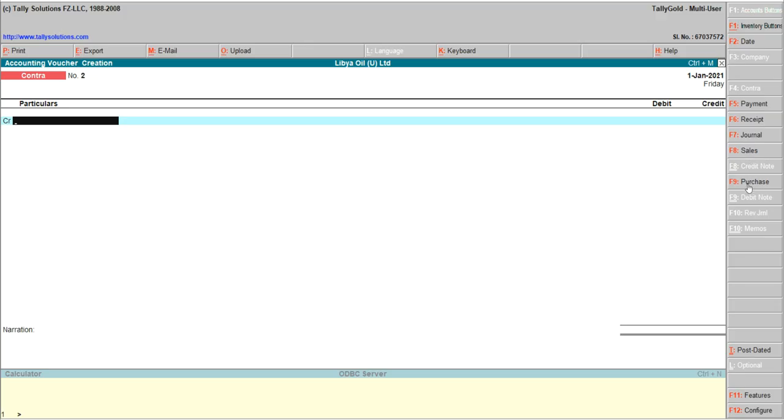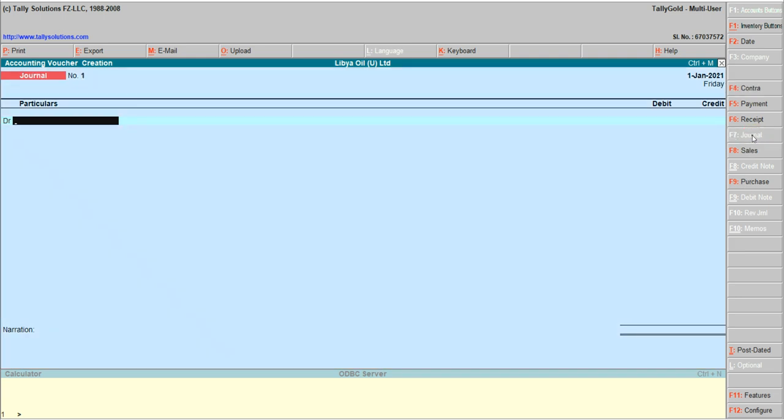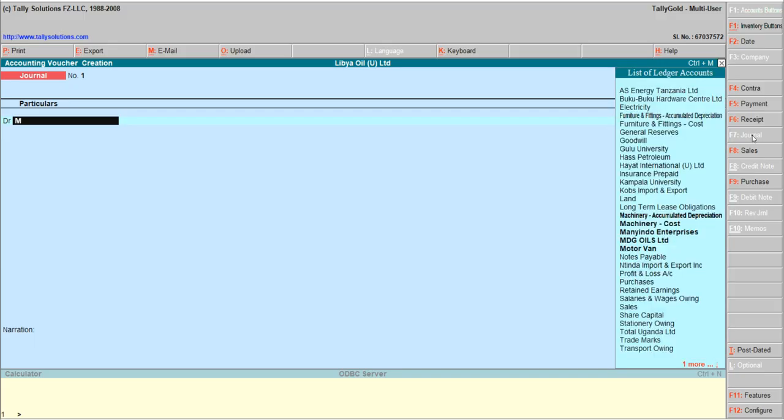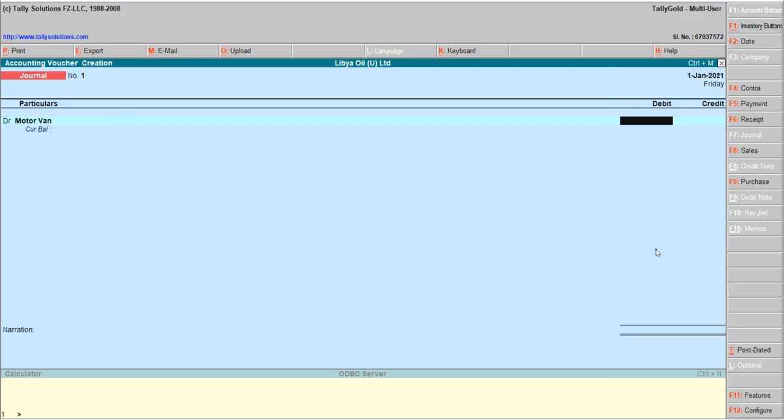So this is a purchase. No, we are going to use a journal. Motor van purchase on credit, we use a journal. So journal, debit motor van. How much is this motor van?